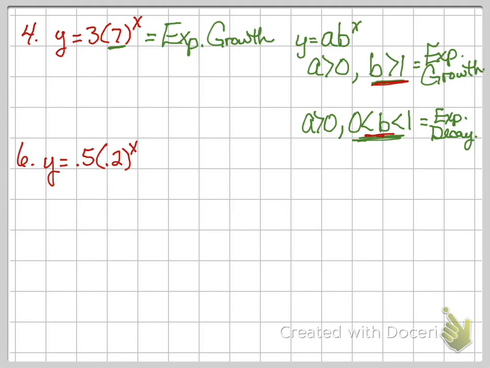So when I'm looking at b, that is bigger than 0, but it is less than 1. So this is exponential decay. All right, and that is all for that section.